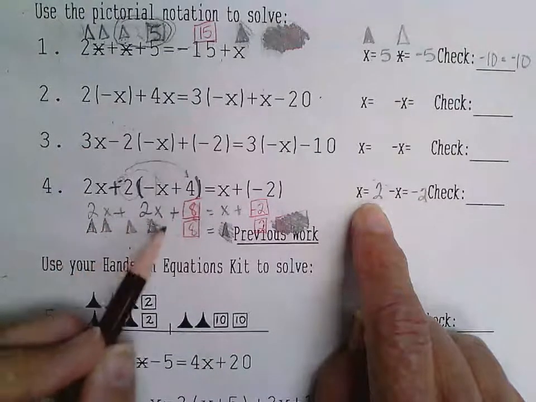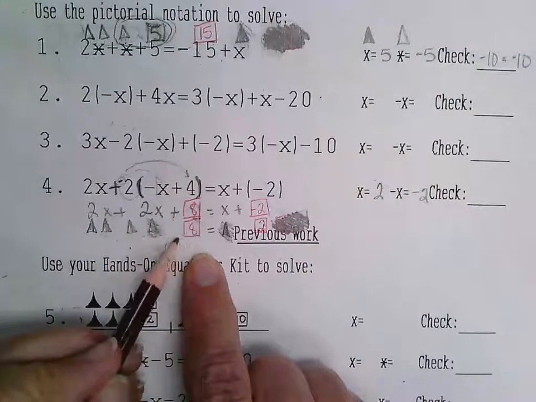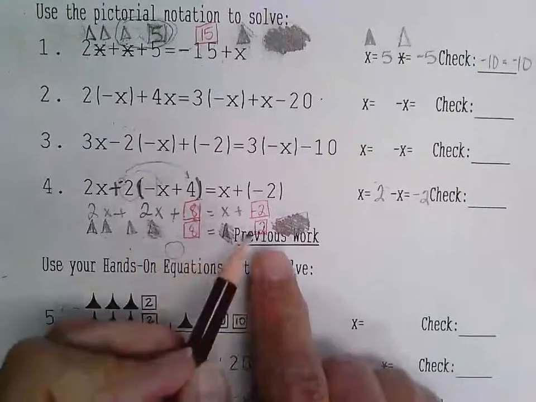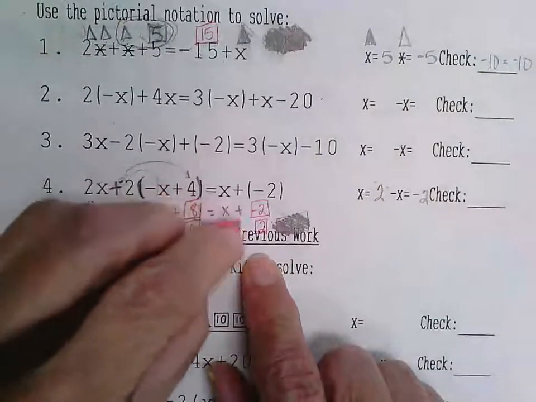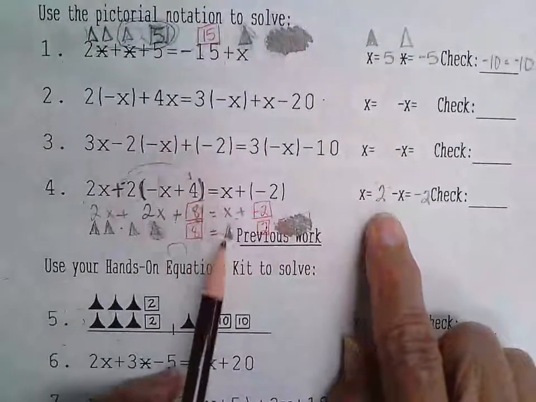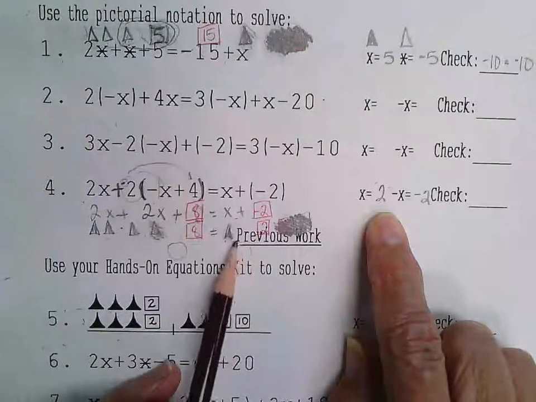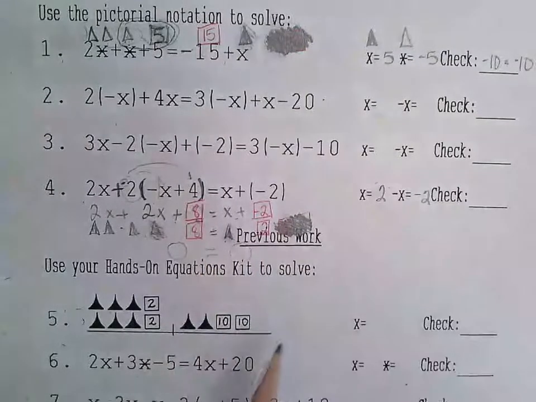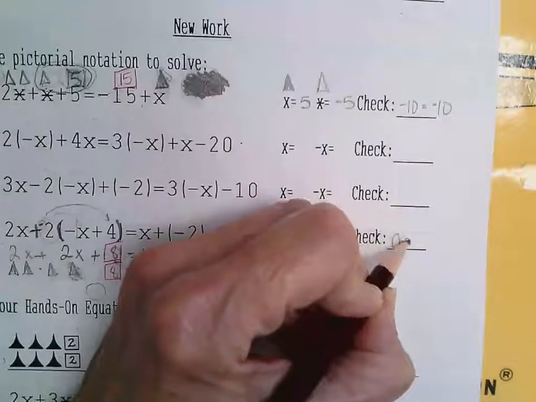This is positive 8. Positive 8 and a negative 8 make 0. Over on this side, I bring this pawn back up, and I have a 2 plus a negative 2 is 0. 0 does equal 0. So that is your check for this one.